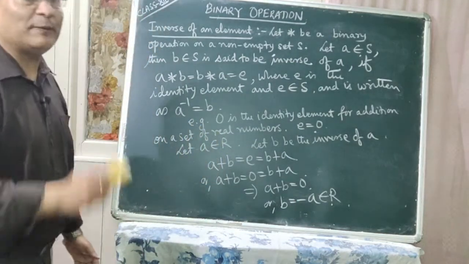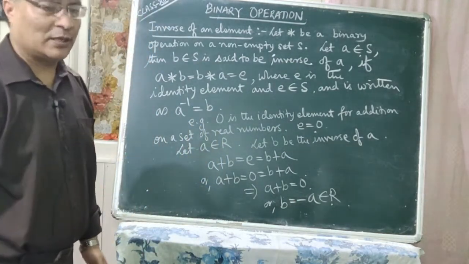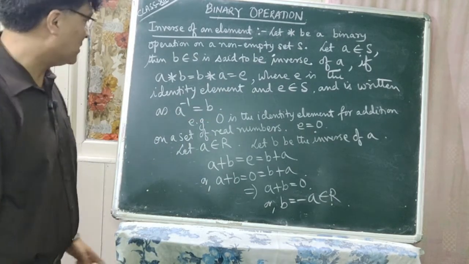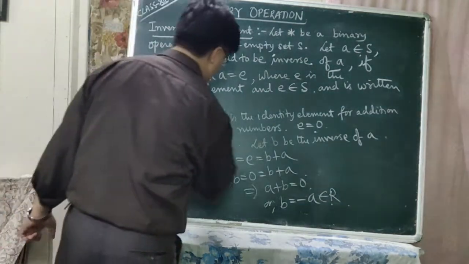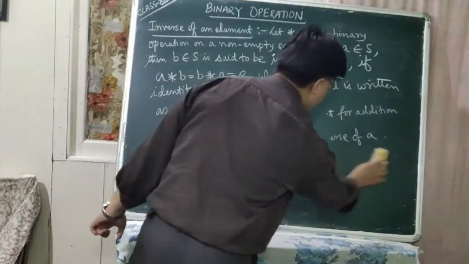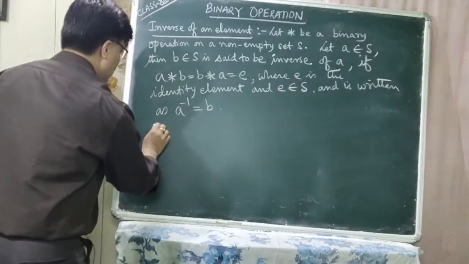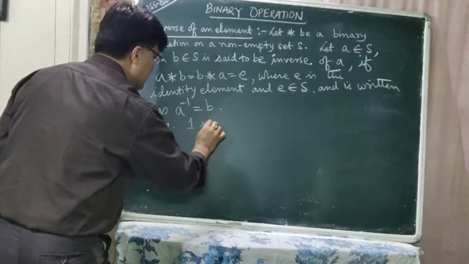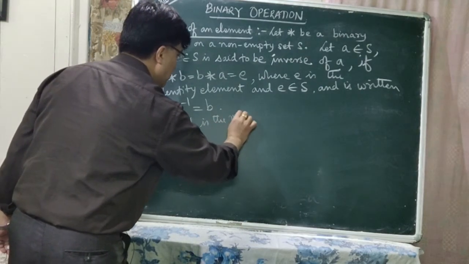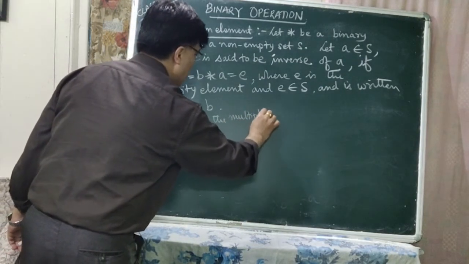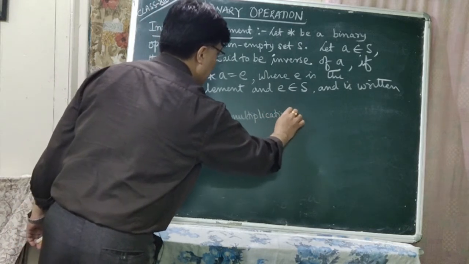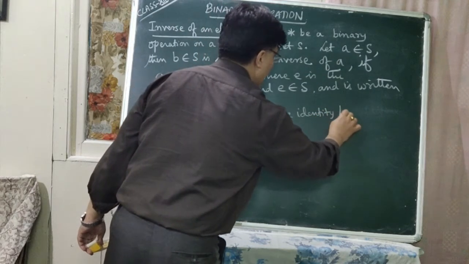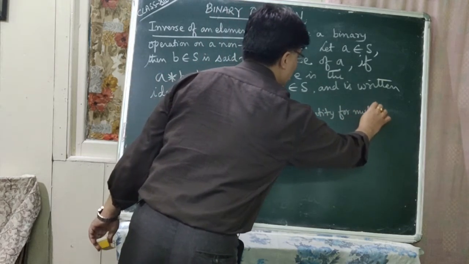So now you know that for multiplication, 1 is the identity element for multiplication, isn't it? So let us write here. This is another example. You know that 1 is the multiplicative identity for multiplication.